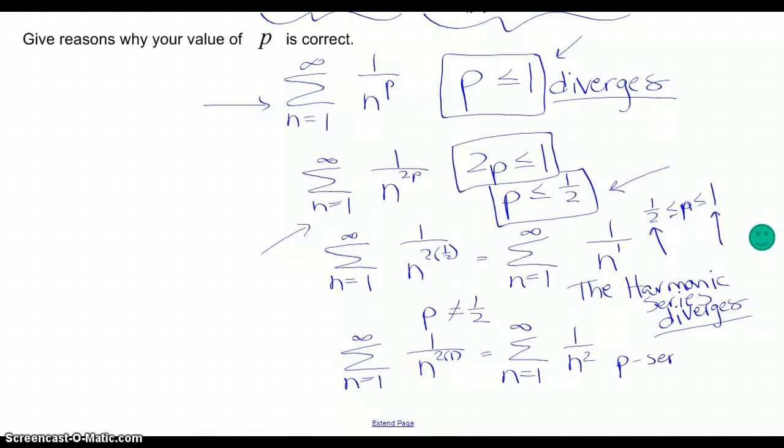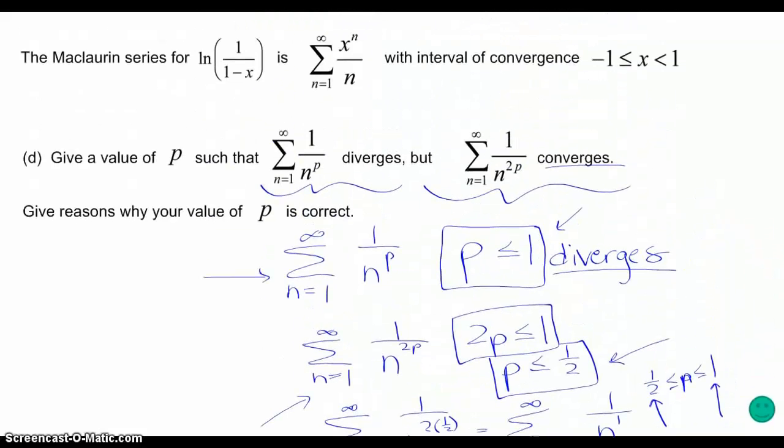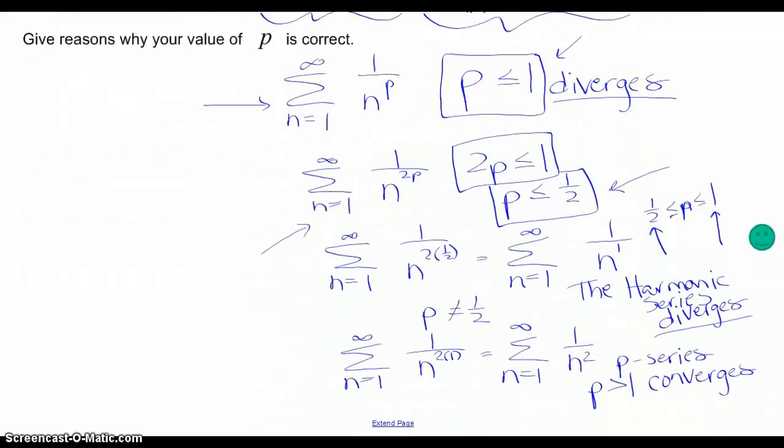That is a p series where p is greater than 1. This one converges. And as luck would have it, we have found the value of p that is going to make this one diverge and this one converge. So let's tell the AP reader that.